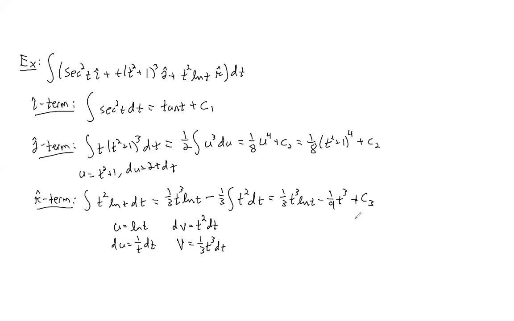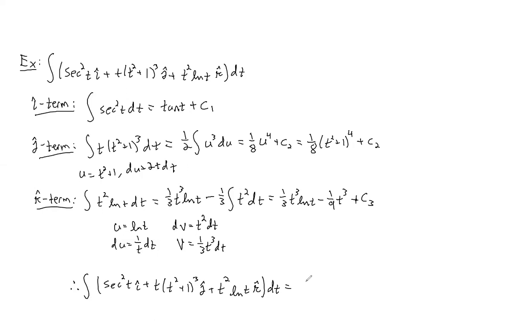Very good. Okay. So at the end of the day, that gives us our final answer, the integral of secant squared t i plus t times (t squared plus 1) cubed j plus t squared ln t k dt.